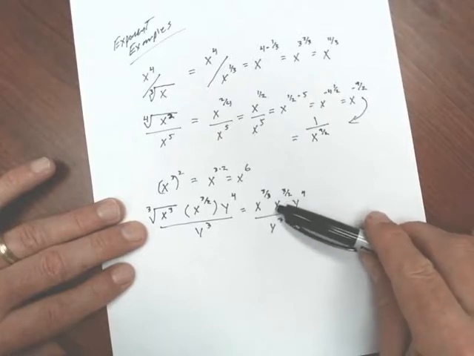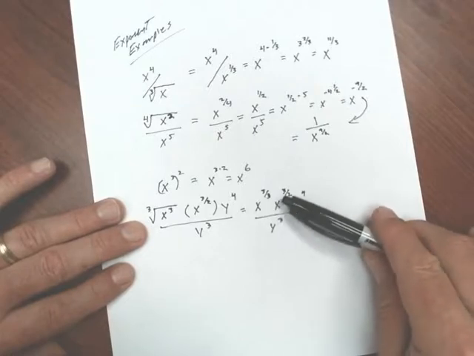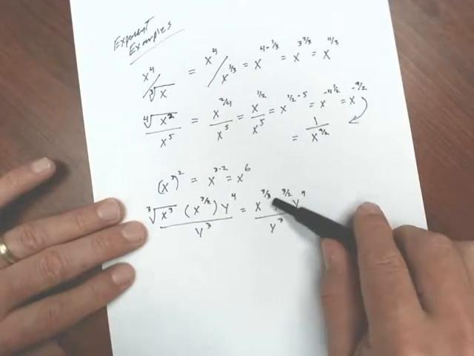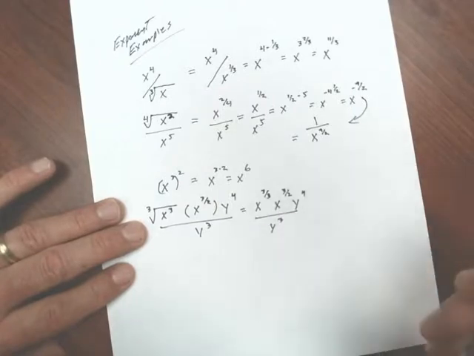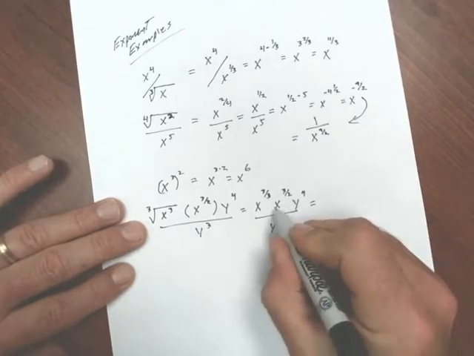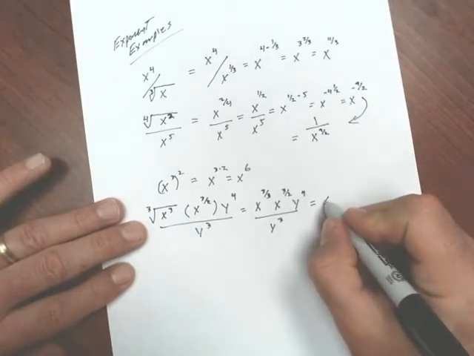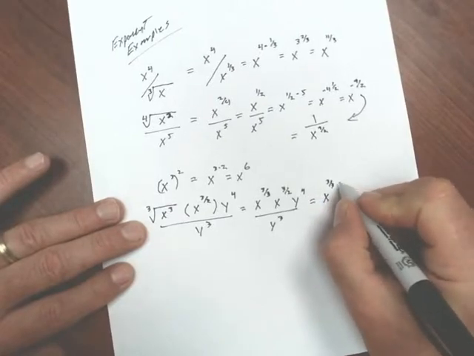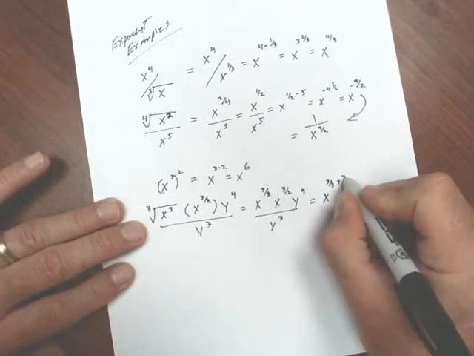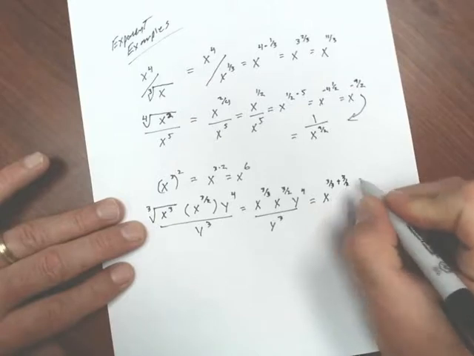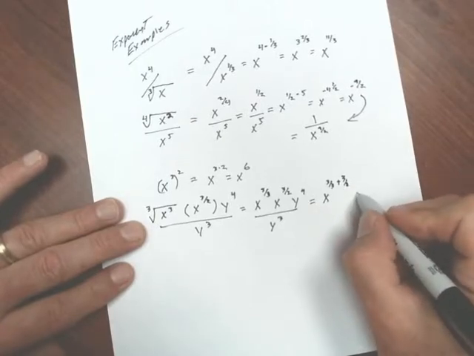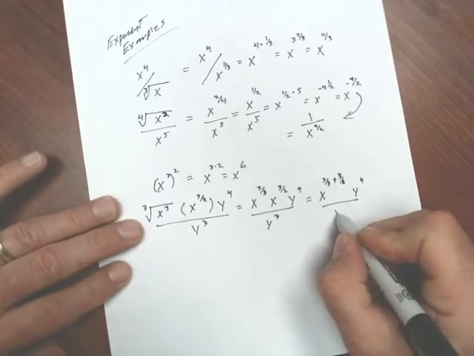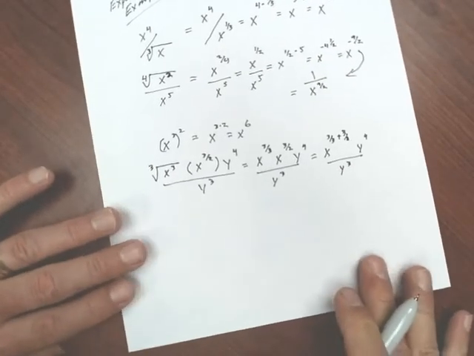If we've got two x's, and we're going to see this when we get to polynomials, using the rules of exponents, we can combine them. So that equals x to the 2 over 3 plus 3 halves, times y to the 4th divided by y cubed.